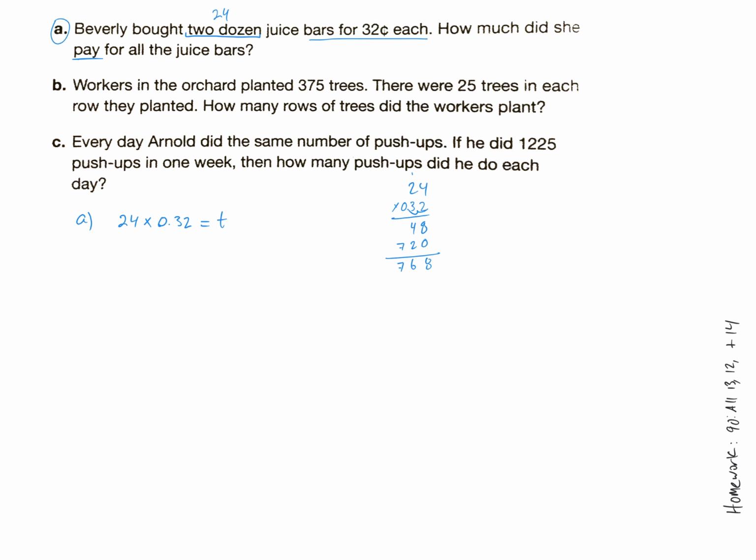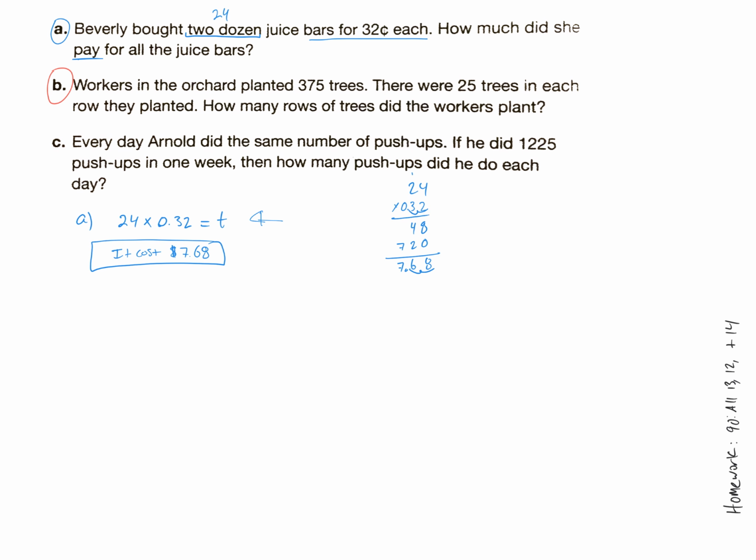Since I have 2 decimal places here, I come over 2. So it cost $7.68. If you look at the instructions in your book, it also says to include the equation you used, so that's right there.